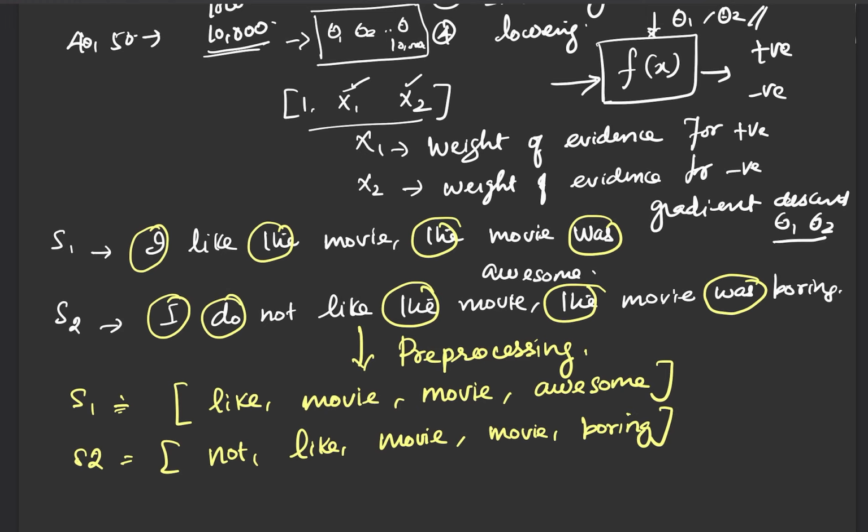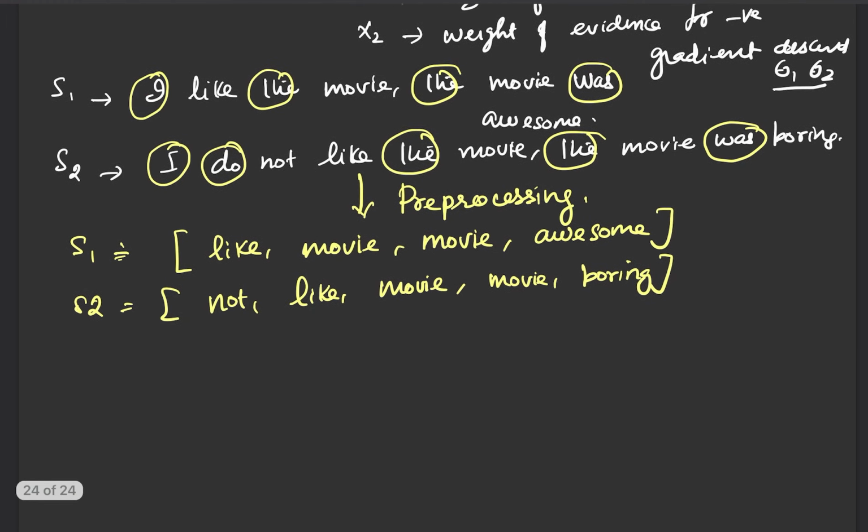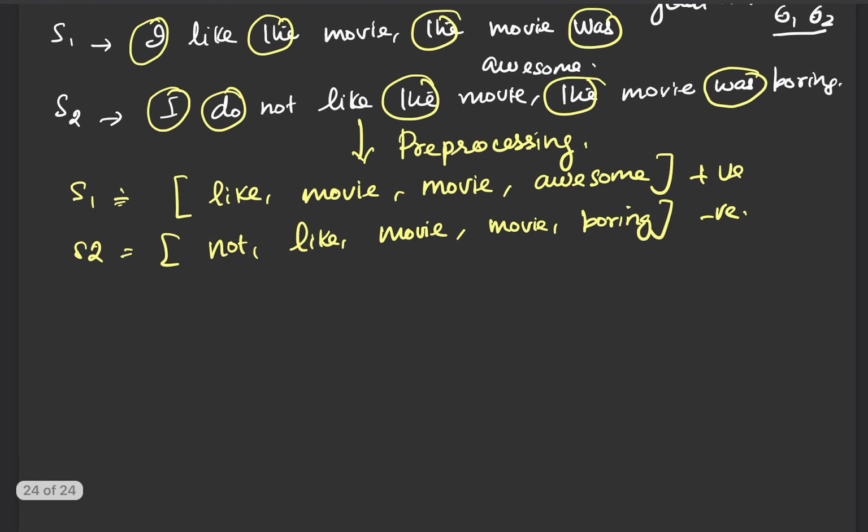So next what we are going to do is look at the frequency count with respect to positive sentences and negative sentences. So let us take all the unique words in these two sentences. The unique words are like, movie, awesome, not, bore.